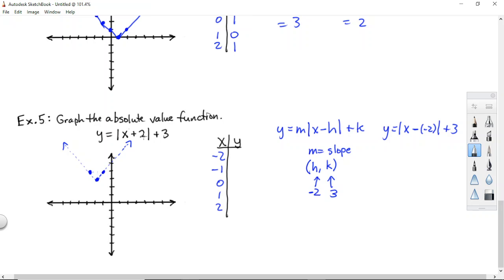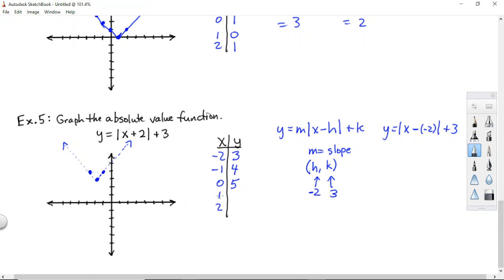And the absolute value of 0 is 0, plus 3 is 3. So this is 3. Negative 1, when we put that in there, negative 1 plus 2. That's 1. Absolute value of 1 is 1, plus 3 is 4. Put a 0 in there, then it's 0 plus 2. That's 2. The absolute value of 2 is 2, plus 3 is 5.